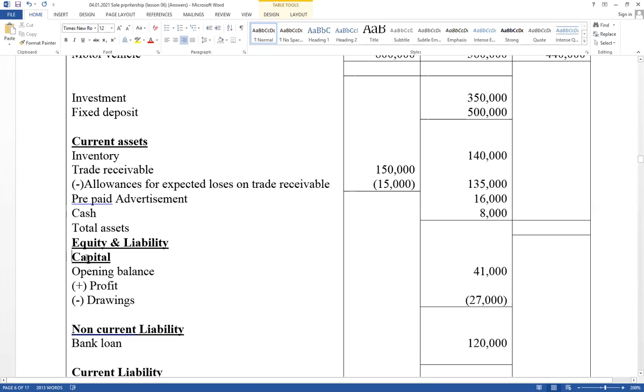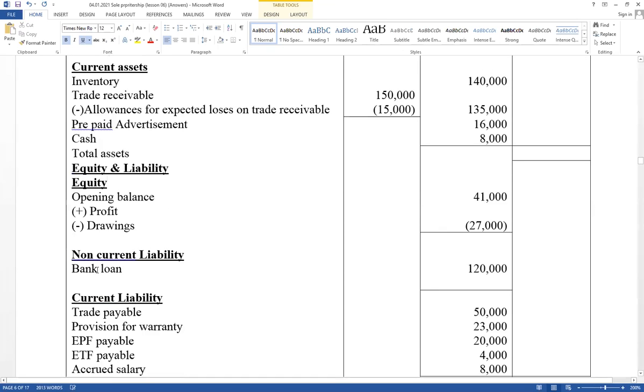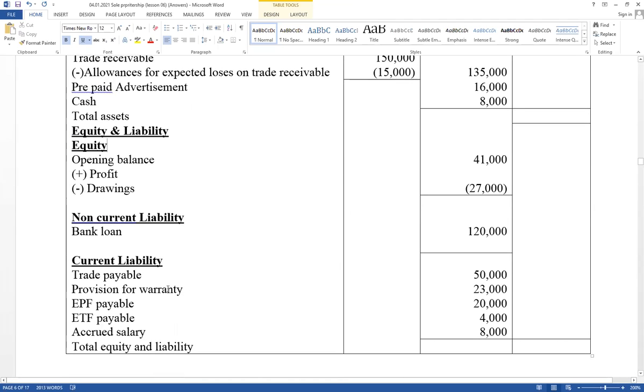This one is the topic equity. And bank loan under non-current liability, as well as under current liability: trade payable, provision for warranty, EPF payable, ETF payable, and accrual salary. All the information available in the trial balance should be recorded.